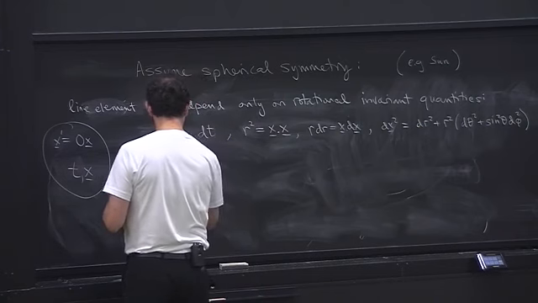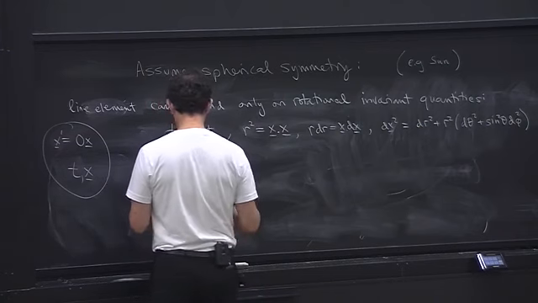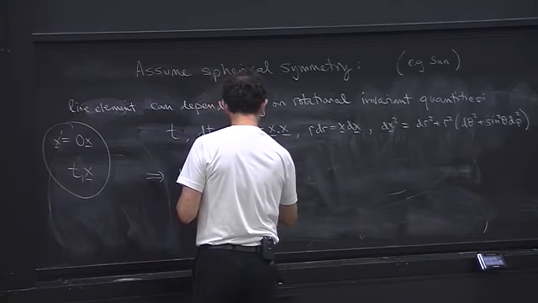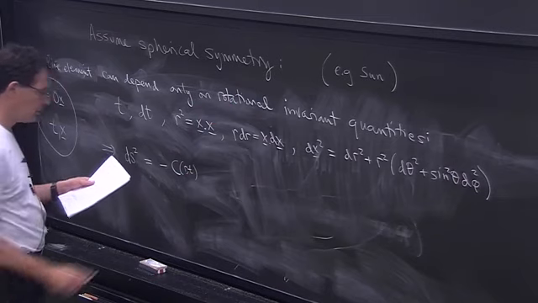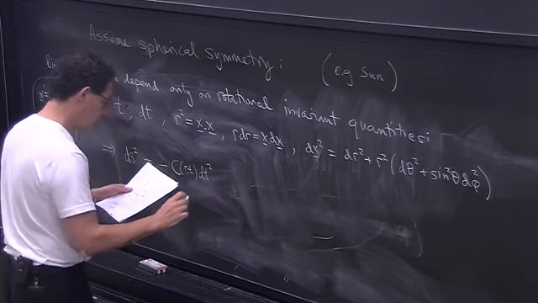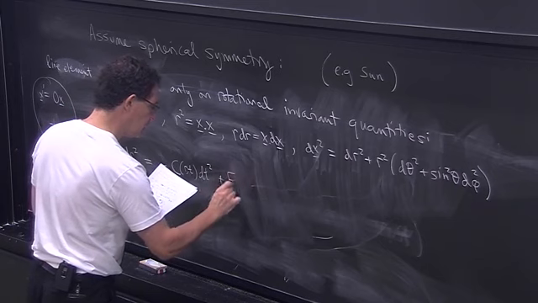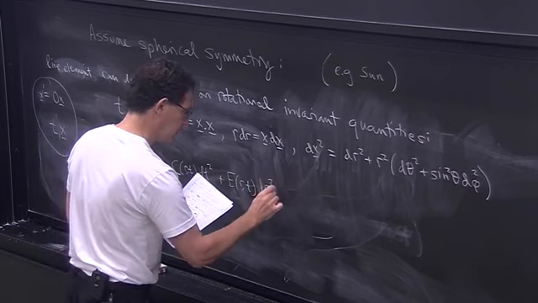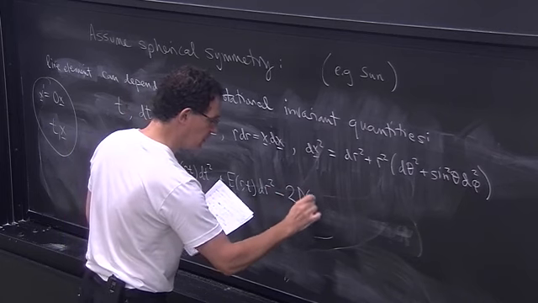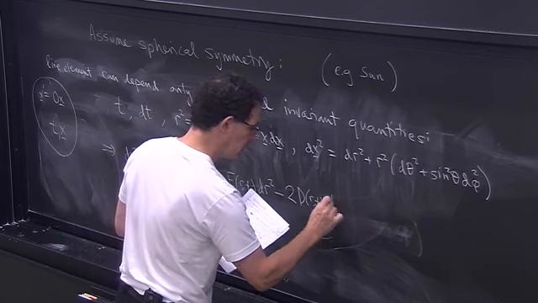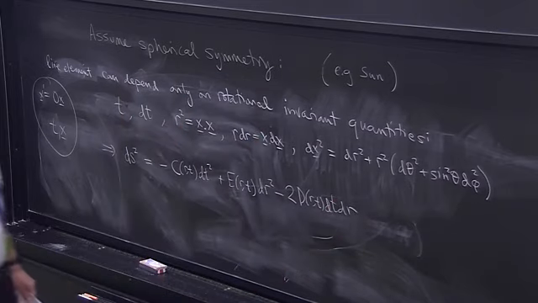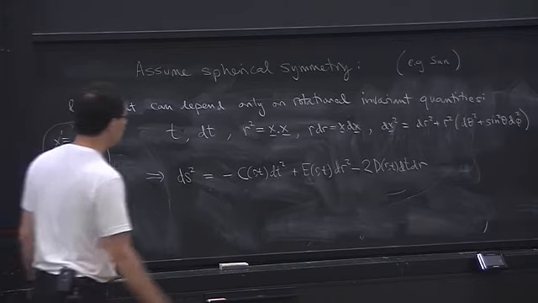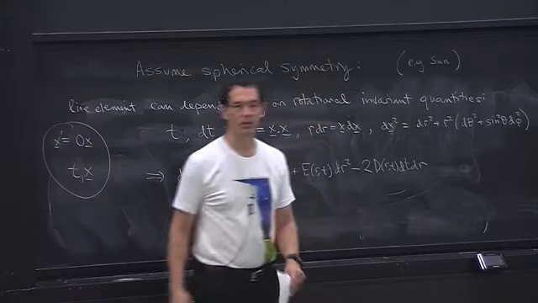And so we can write down straight away that the line element is minus C of r and t, an arbitrary function, dt squared plus E of r and t dr squared minus 2D of r and t dt dr. Okay, so this part of the metric, the time involving dt and dr, has all components.